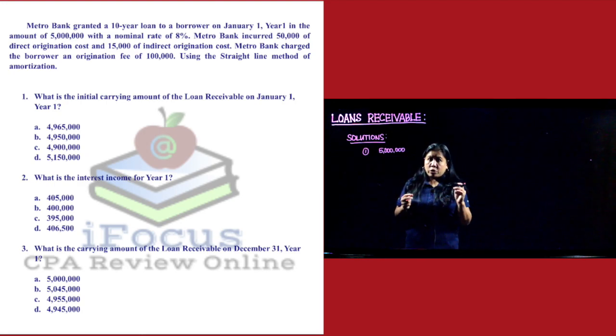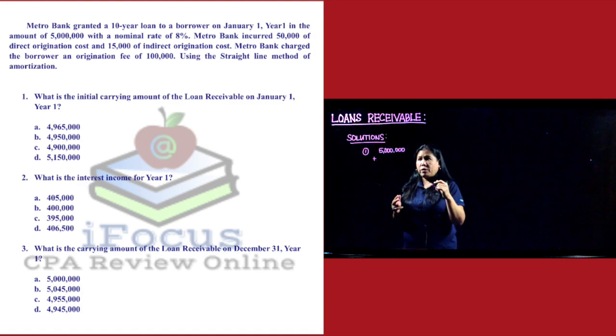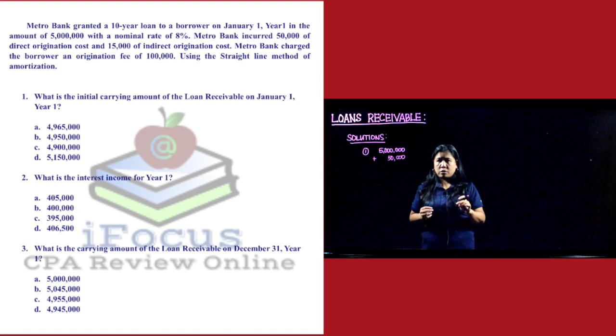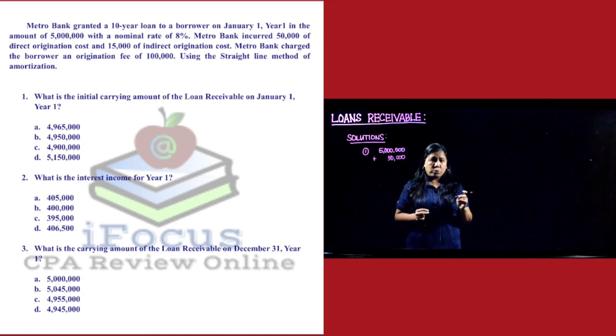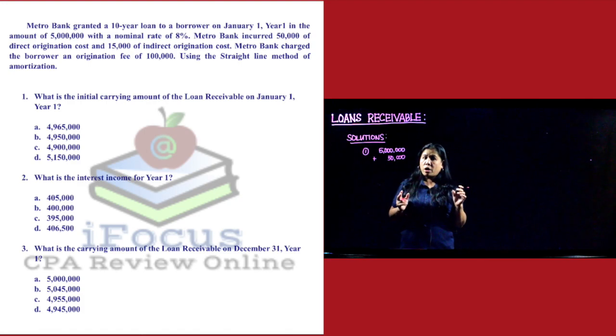The indirect origination cost is an outright expense. The direct origination cost is included in determining the initial carrying amount of your loans receivable. So we will add the direct origination cost of 50,000, minus the origination fees charged to the borrower. On this problem, our origination fees charged to the borrower is 100,000.